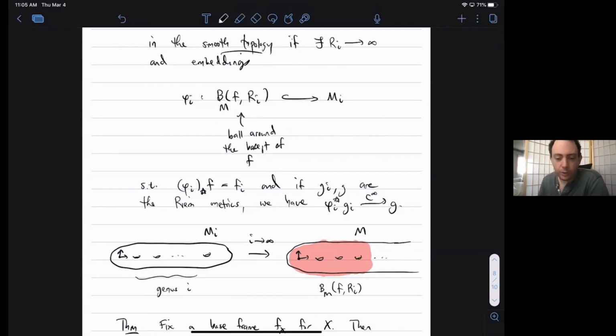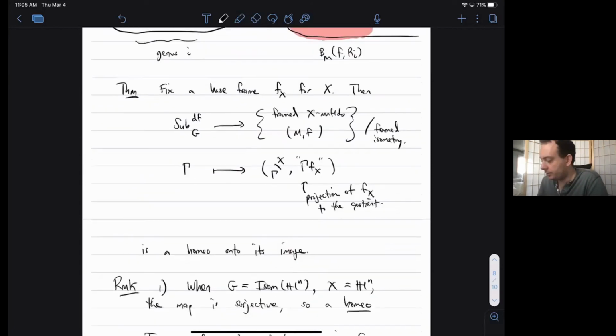If you try to define this kind of smooth convergence without taking a base point or base frame, then you get something horrible, some non-Hausdorff mess.